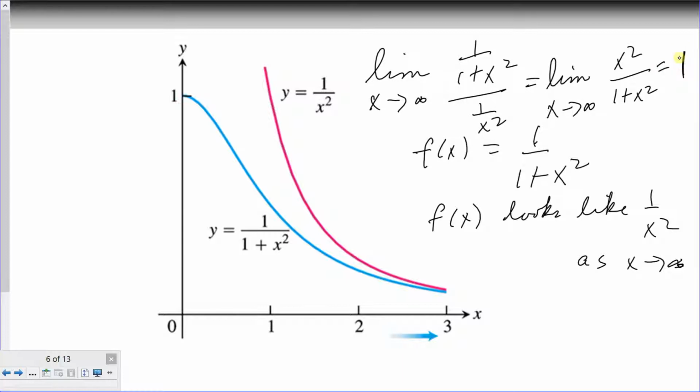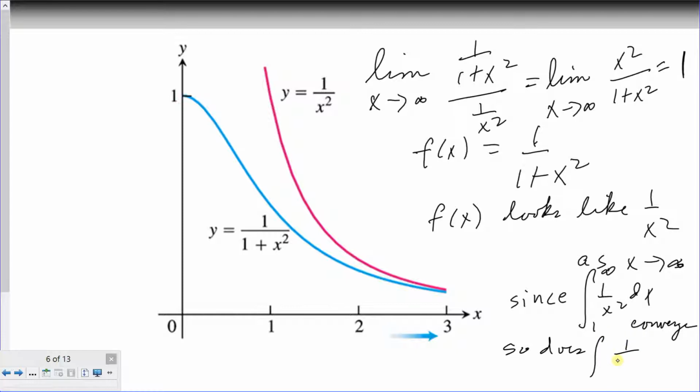Therefore, since the integral of 1 over x squared from 1 to infinity converges, so does the integral of 1 over 1 plus x squared dx from 1 to infinity.